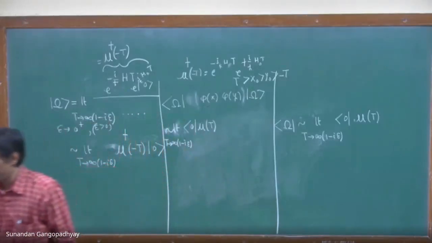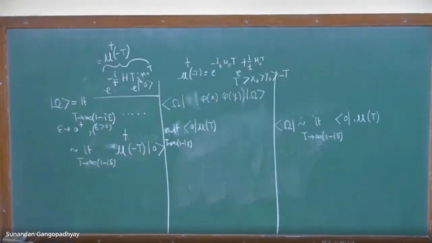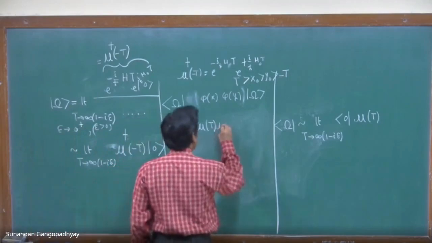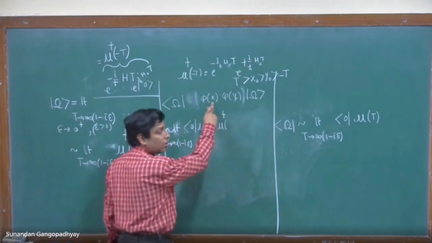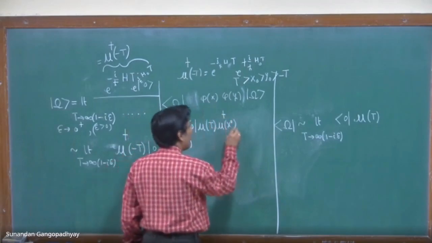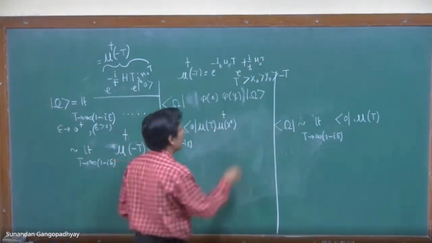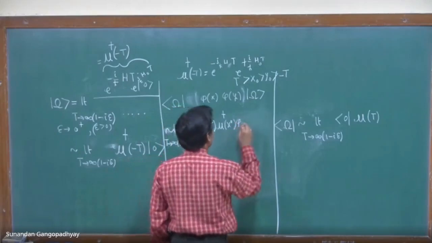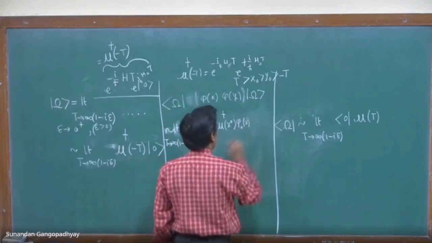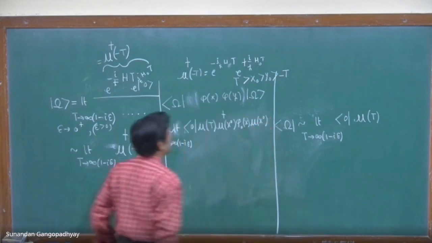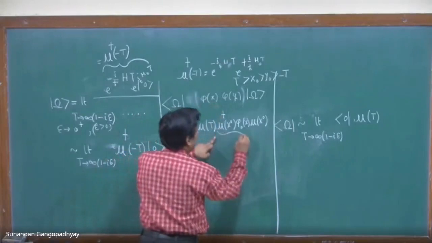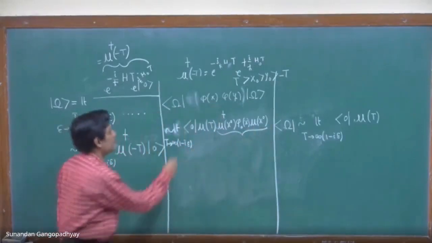That expression for phi x is basically nothing but U dagger x naught, the time here being x naught, then we have phi naught x. Then we have U x naught. This is just phi x, this part. And this part was bra omega.